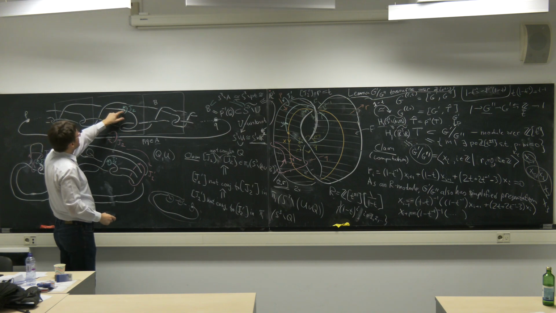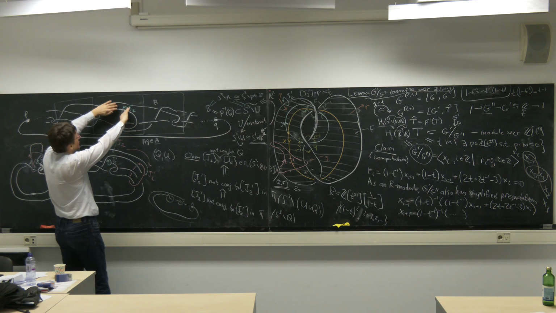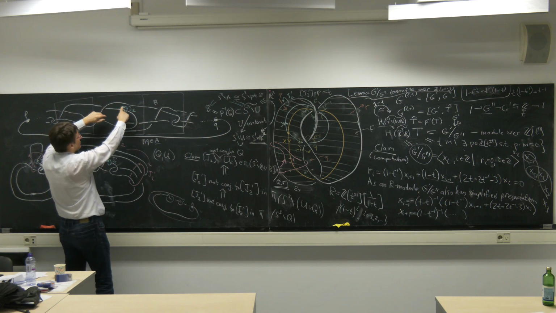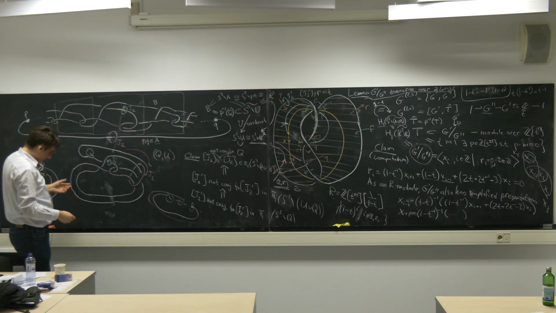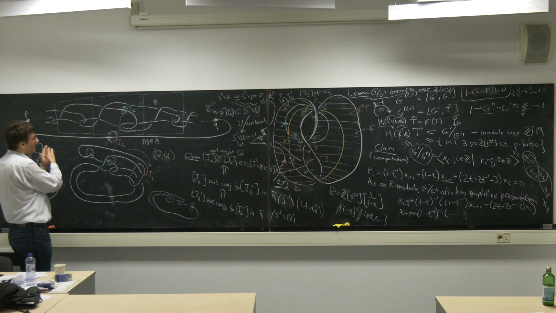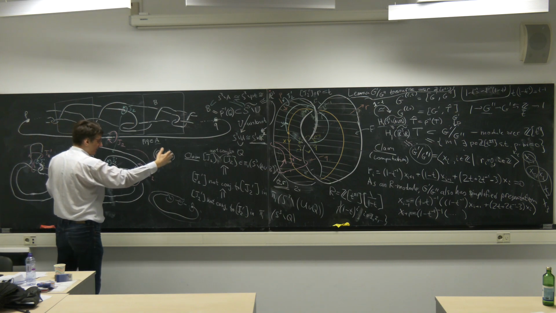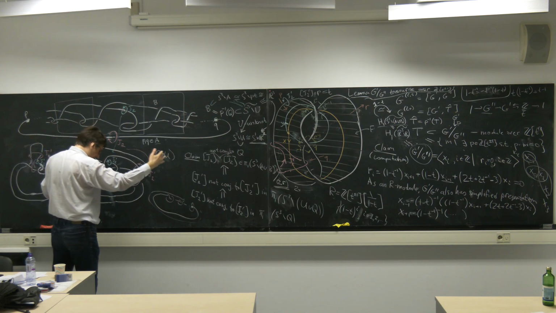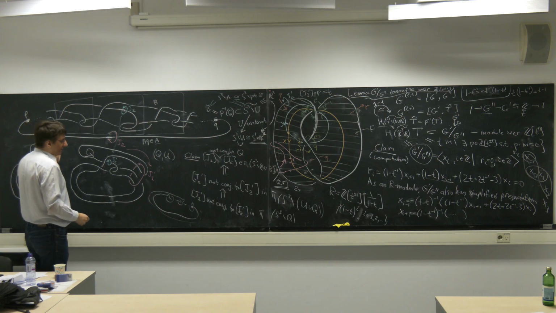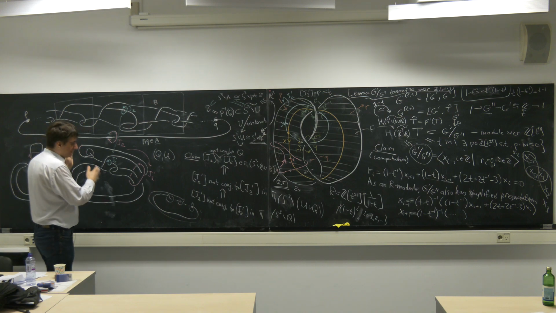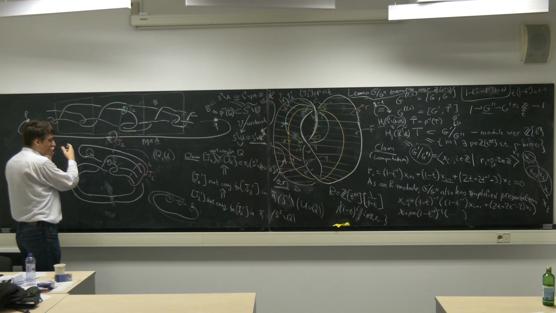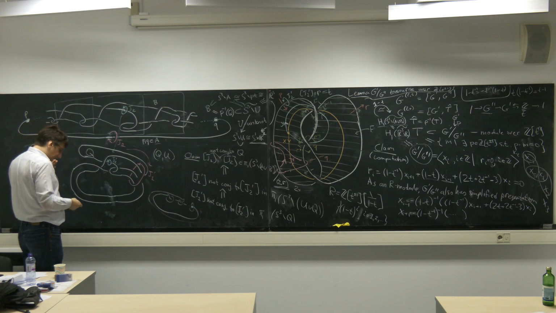And corresponding to this meridian, there is another isotopy which shrinks everything outside this disk to a point. And from these two isotopies, we get a self-isotopy of the unknot. And then there was a theorem that this self-isotopy of the unknot does not extend to any 2.5 bordism.